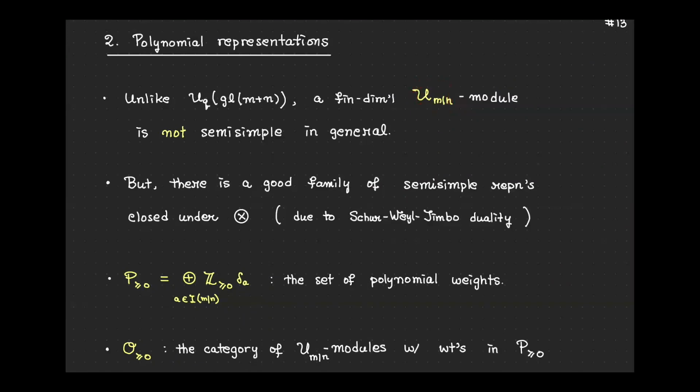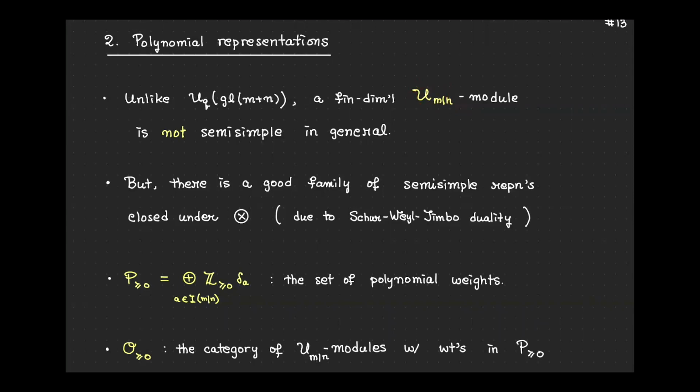The first thing I have to say, as I mentioned at the very beginning of this talk, is that unlike the case of the usual semi-simple Lie algebra or its quantum group, in general a finite dimensional UMN module is no longer semi-simple.